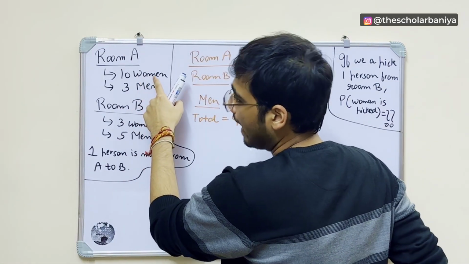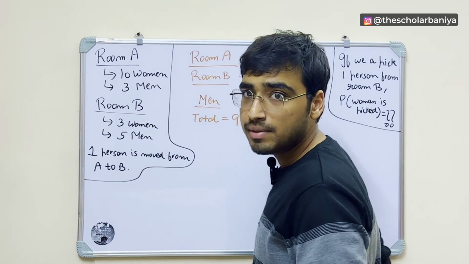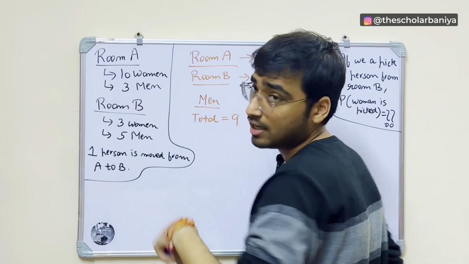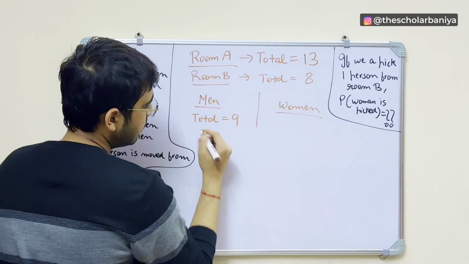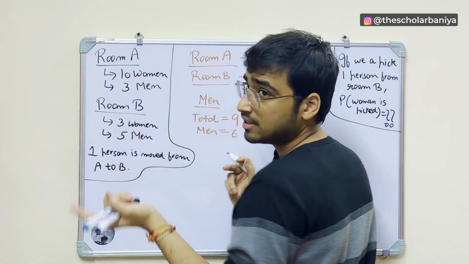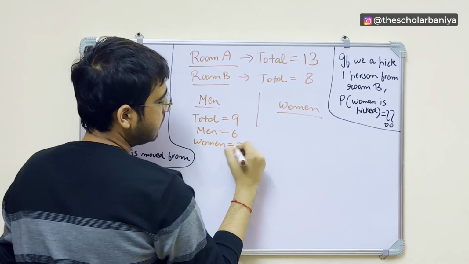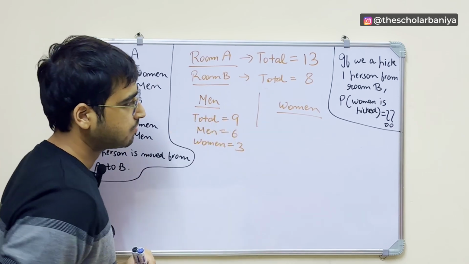Earlier there were 5 men, now there will be 6 men, so men is equal to 6 and women will remain 3. So 3 plus 6, 9.